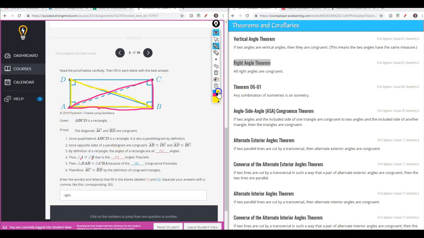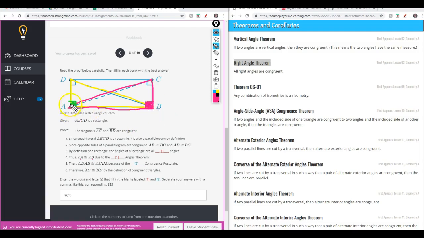In this triangle right here, the yellow one, that's a 90-degree angle, which is the same as the angle right here in the pink triangle, CBA, which is our 90-degree angle. Right there.